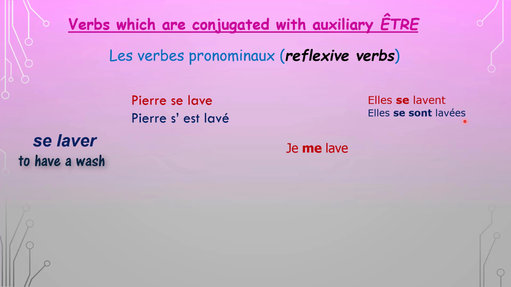Now the third sentence, je me lave, je me suis lavé. So the je can be feminine or it can be masculine. If it is masculine, you just have one e with an acute accent, and if it is feminine, you add another e.